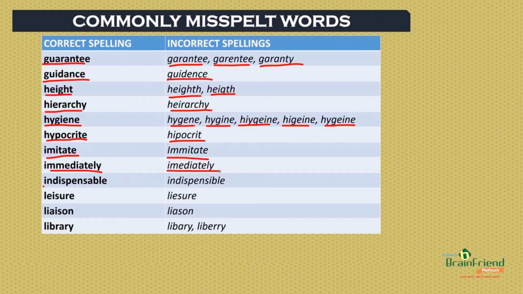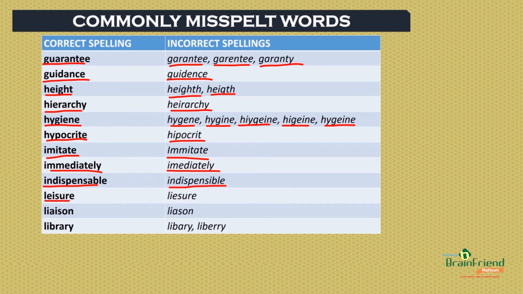Next, we have indispensable. Indispensable is spelled as I-N-D-I-S-P-E-N-S-A-B-L-E, but it is wrongly spelled as I-N-D-I-S-P-E-N-S-I-B-L-E. Also, we have the word leisure.